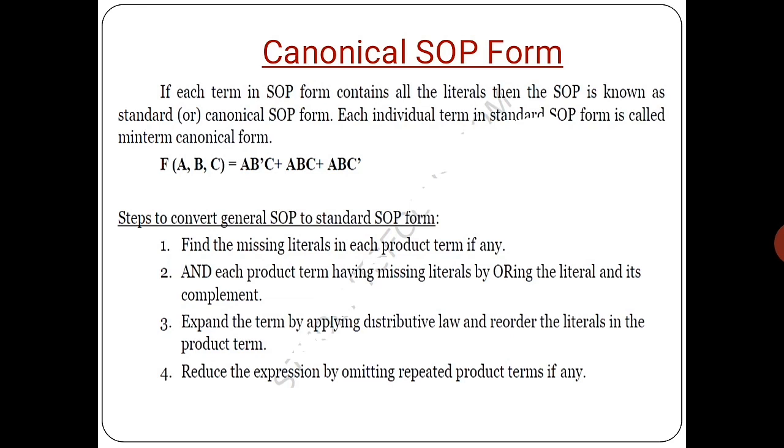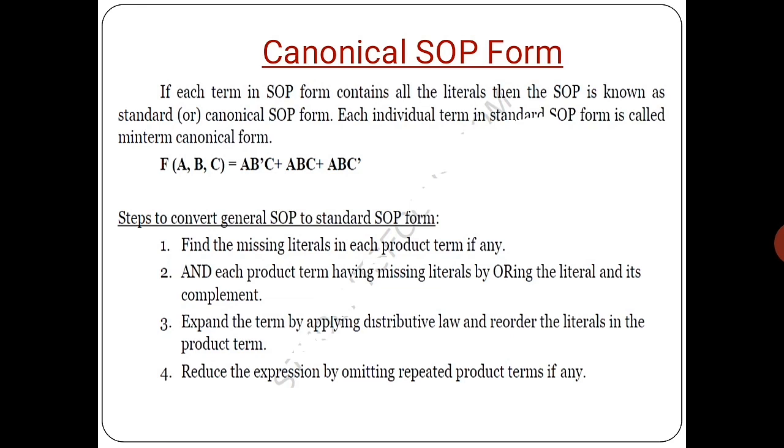So how can we convert the general SOP, or otherwise non-canonical SOP form, to standard SOP form? Now we are going to find any missing literals in each product term, if any, and then we are going to multiply each product term with them.